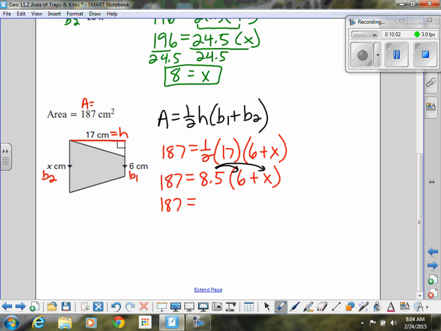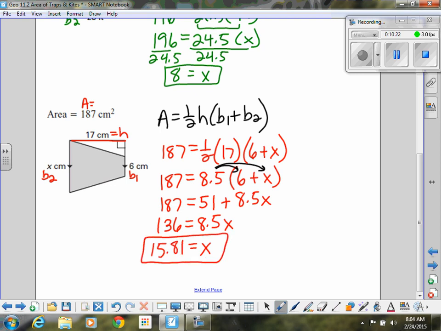So 8.5 times 6 is 51. And now I can subtract the 51 to the other side, and that gives me 136. And then if I divide both sides by the 8.5, I get 15.81. So x is a really weird number, 15.81, but that's what that base is.